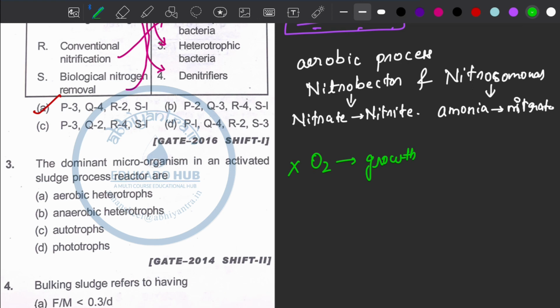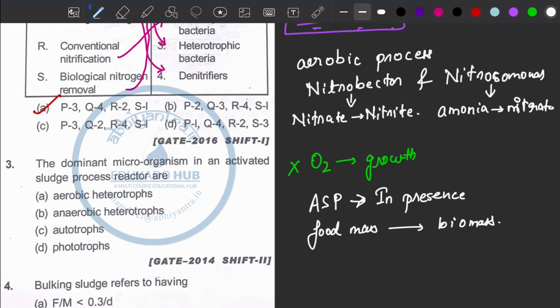So now the question is, what is the dominant microorganism in an activated sludge process? In ASP, in the presence of food mass and oxygen, heterotrophic bacteria convert food mass into biomass.